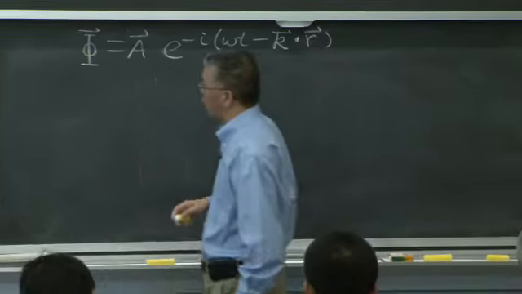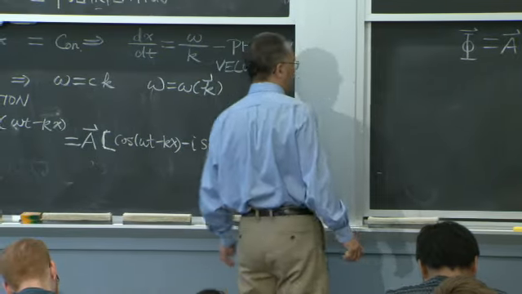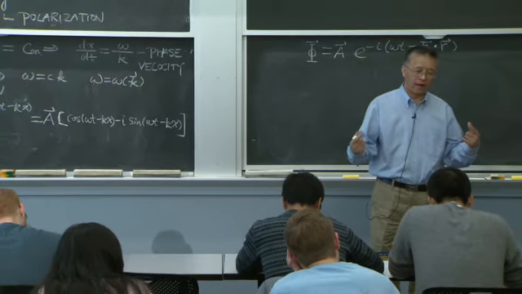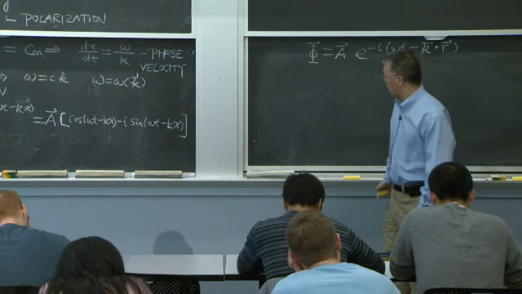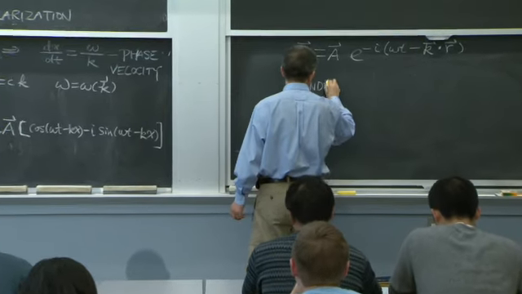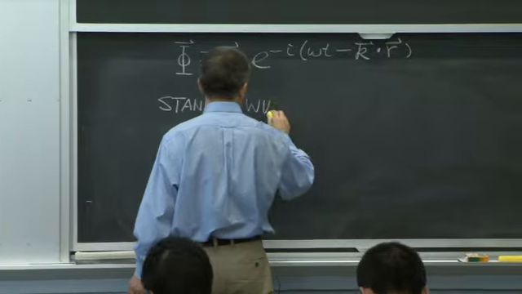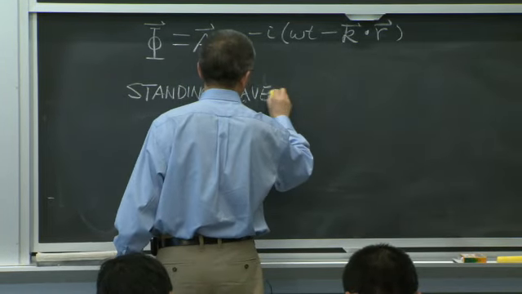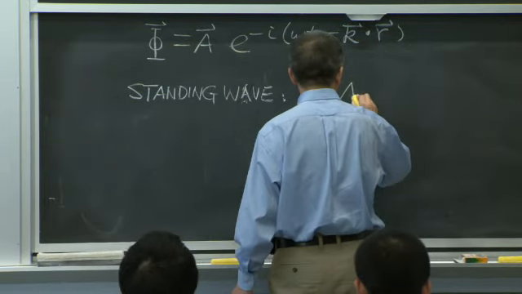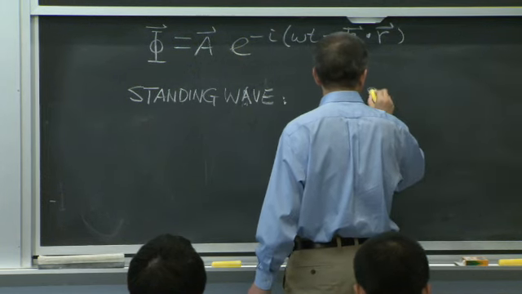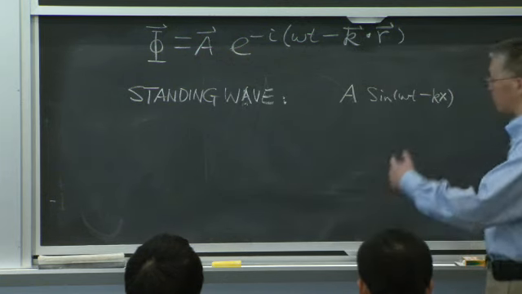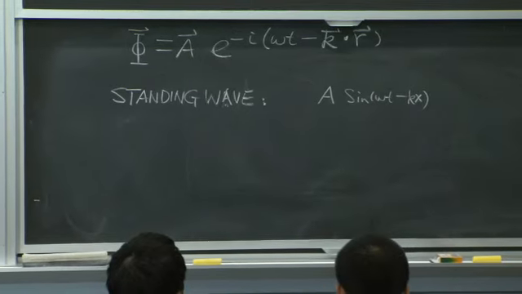We mentioned here is a traveling wave, and I can use traveling waves to construct standing waves. For example, think about a standing wave. I have two opposing traveling waves of the same amplitude. One is sine omega t minus kx, a wave traveling in the positive x direction.